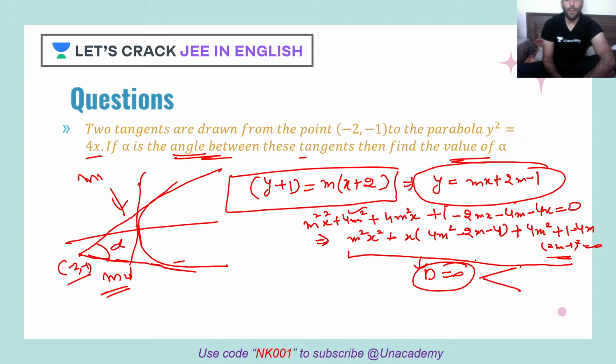Correct. Approach number 1. Now approach number 2, which I found is way easier. Why way easier? Because I am already dealing with the standard form of parabola. I do not need to follow the entire process from scratch. I hope you got it.